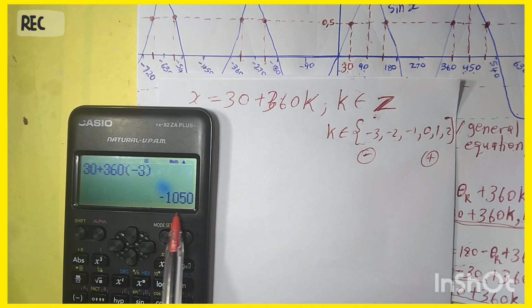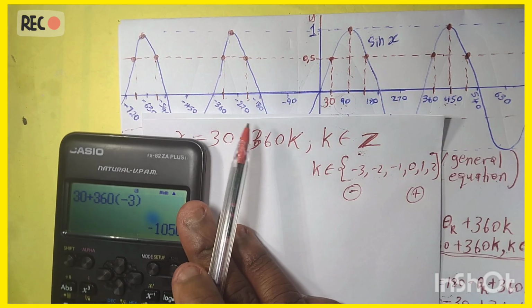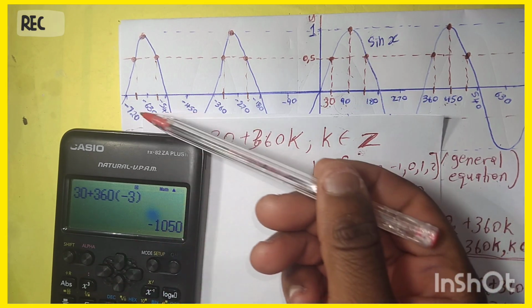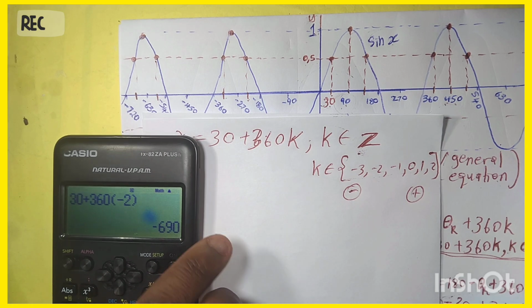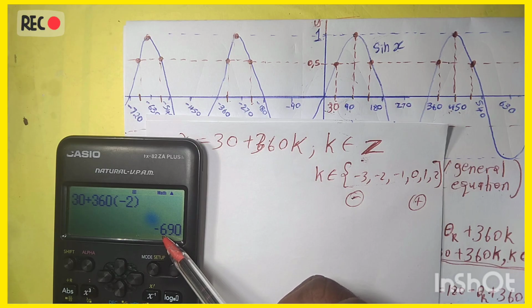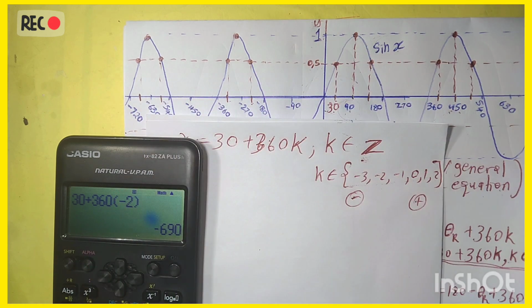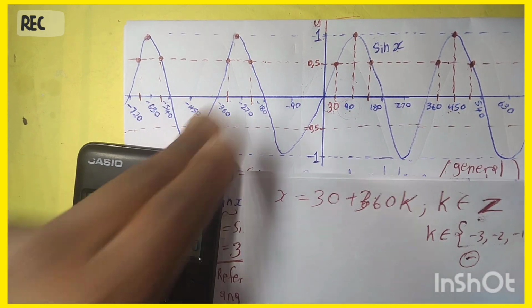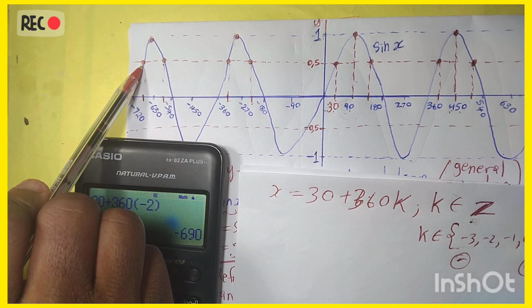Do you see the value that I get? This value, in this graph, is supposed to be on that side. But let me just try 2 there. That 2 gives me negative 690. Negative 690, guys, is between here, meaning that value is that one.